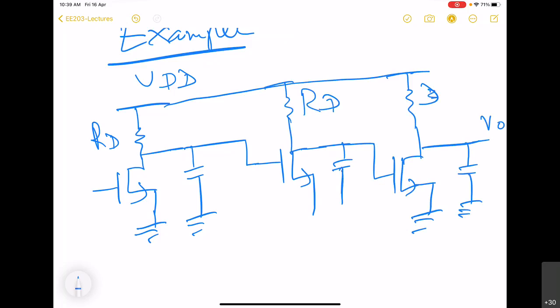So all these three stages are identical. They have same capacitive load and resistive load.